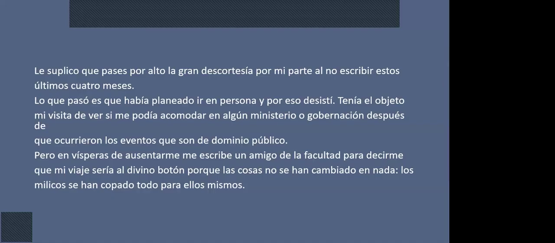So you say they refer to objeto, it's more like purpose. And then it's a si me podía acomodar, right? That's a hard one also. How will you say that instead? How will you put that? Like, if you could find me a position, if you could help me get a position, but it's hard, you see, because what it implies is that they're trying to use influence in order for a person to obtain something.